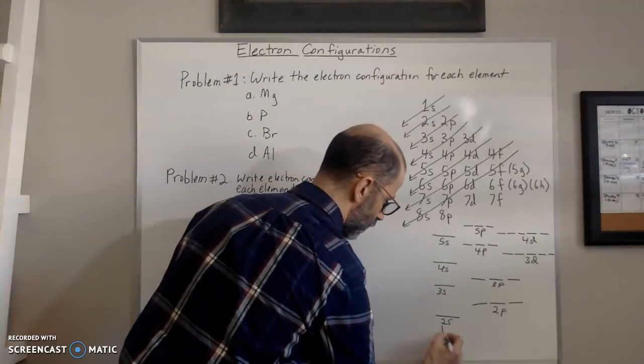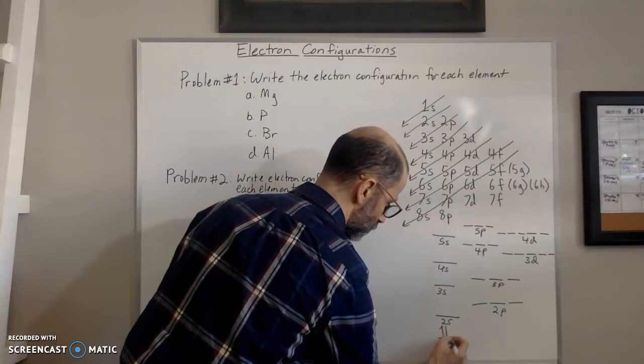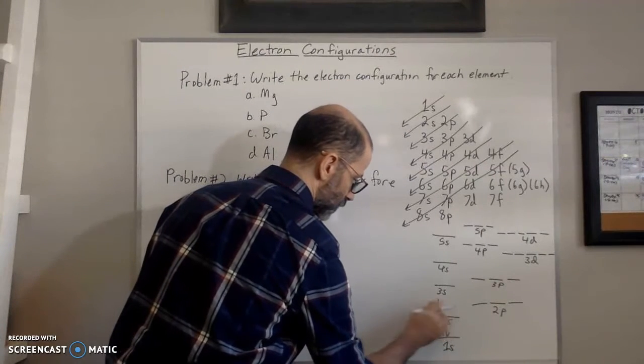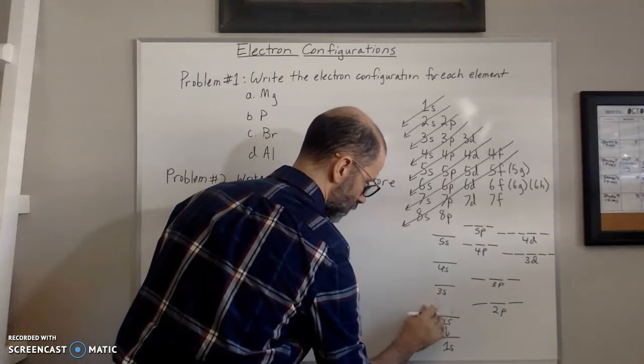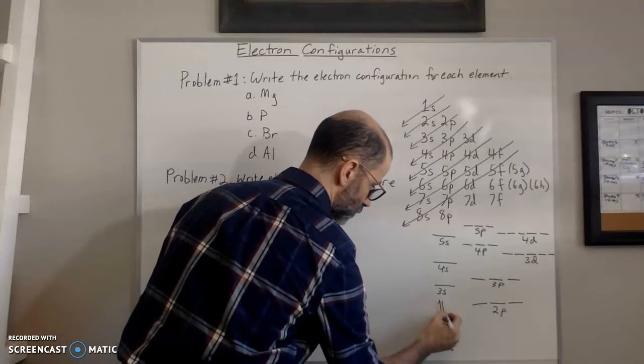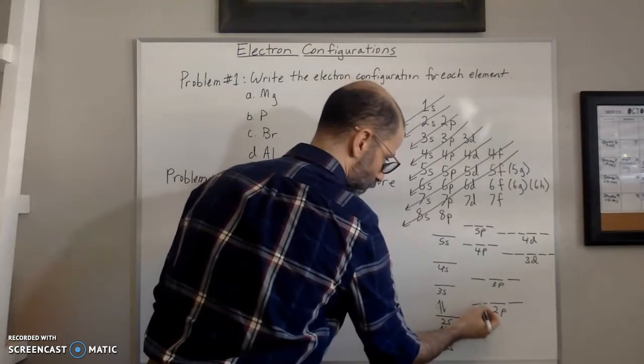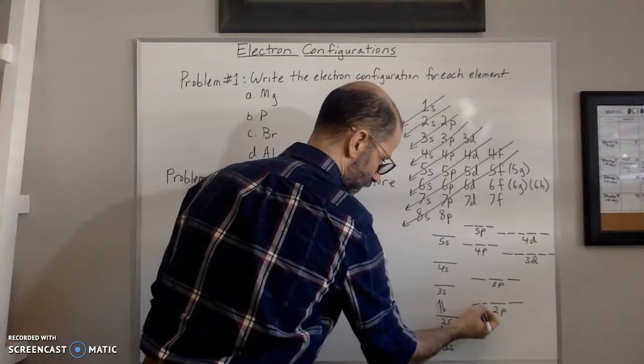So I'm going to add 2 here, spin up, spin down, 2 to the next one, spin up, spin down, and then I'm going to add more to this. So I have 12 total, so I should have plenty.